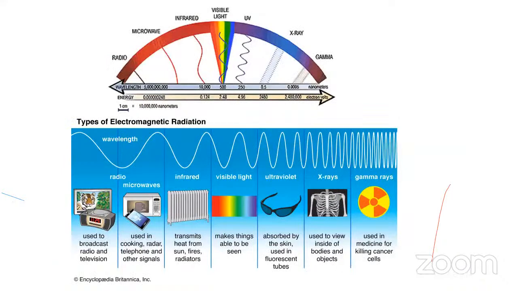Now, we have discussed the atomic structure and then the energy. When you talk of electromagnetic radiation, energy depends on the wavelength. The wavelength is the distance between the peaks of two waves. Here the wavelength is very wide, and here it is very short. As the wavelength decreases, the energy of the beam increases.